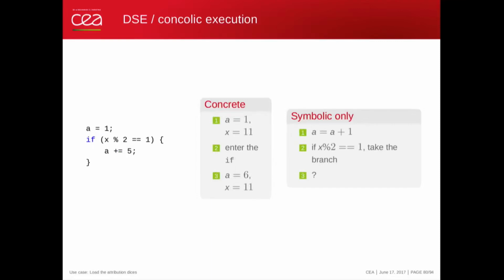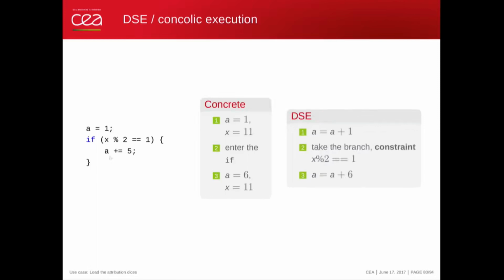So, for instance, if I take this small code snippet, there is just a branch on X, which is unknown. But during the concrete execution, of course, X is set to a constant. So, for instance, it entered the if. If we do a symbolic-only execution, the execution will get stuck on the if, because you don't know if we have or not to take the branch.